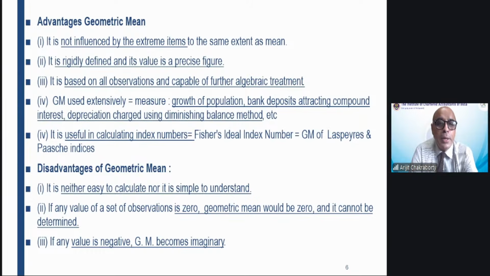But if any return is negative and we want to calculate the geometric mean, then it will give us a wrong indicator, because in the geometric mean calculation of a set of values, even if one of the values is negative, the product becomes negative as well, and therefore it will give us imaginary numbers. So these are some of the disadvantages of GM.